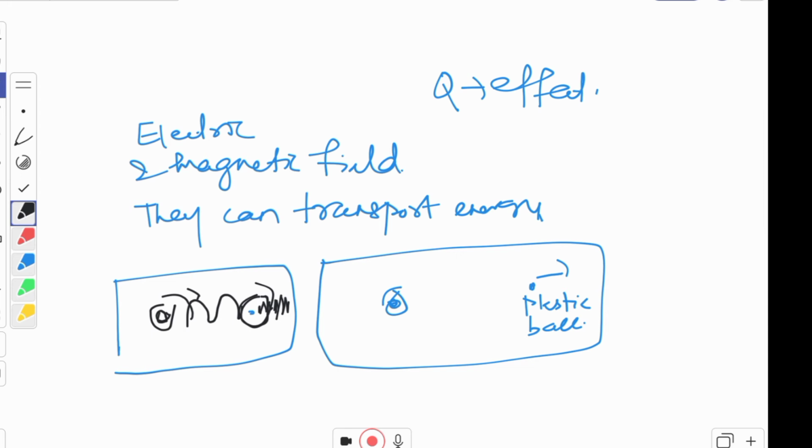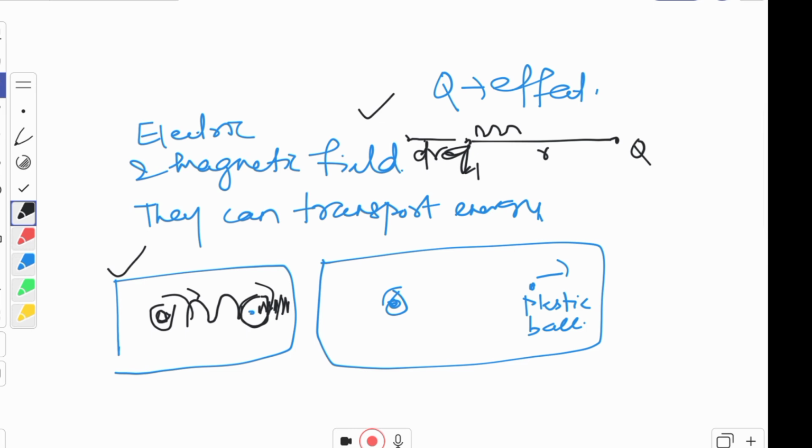Similarly, in this case, a Q1 charge is over here, and this is your Q charge, and we have changed the position of Q1 by a distance dr, and this is your R. So here also, like in this case, an electromagnetic wave is generated and travels.